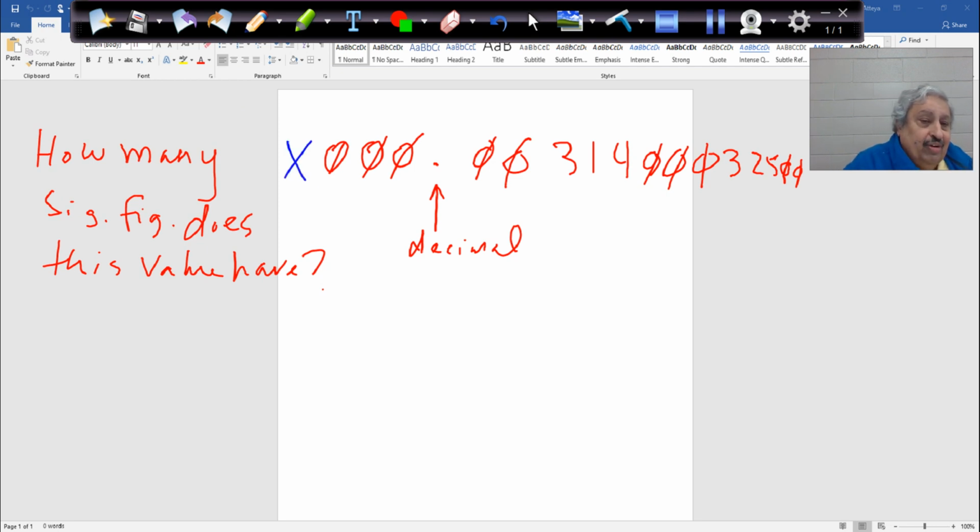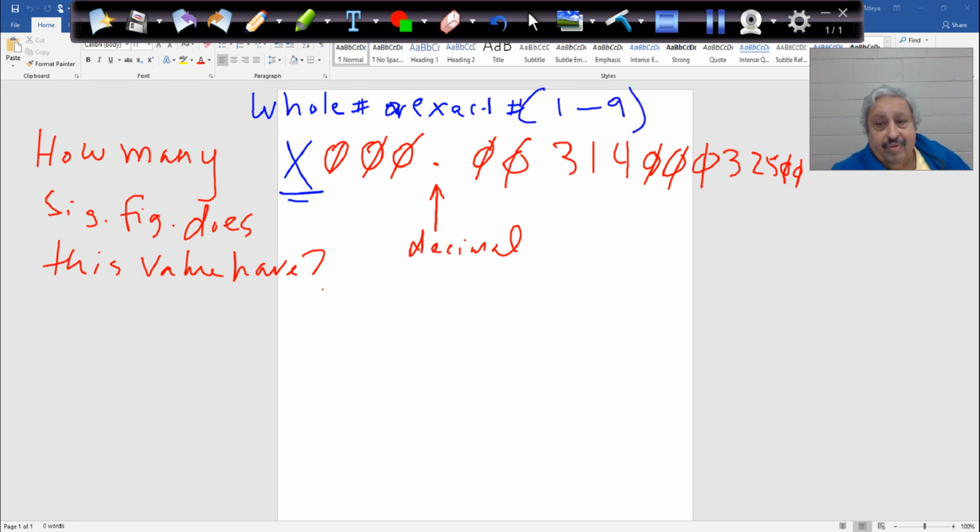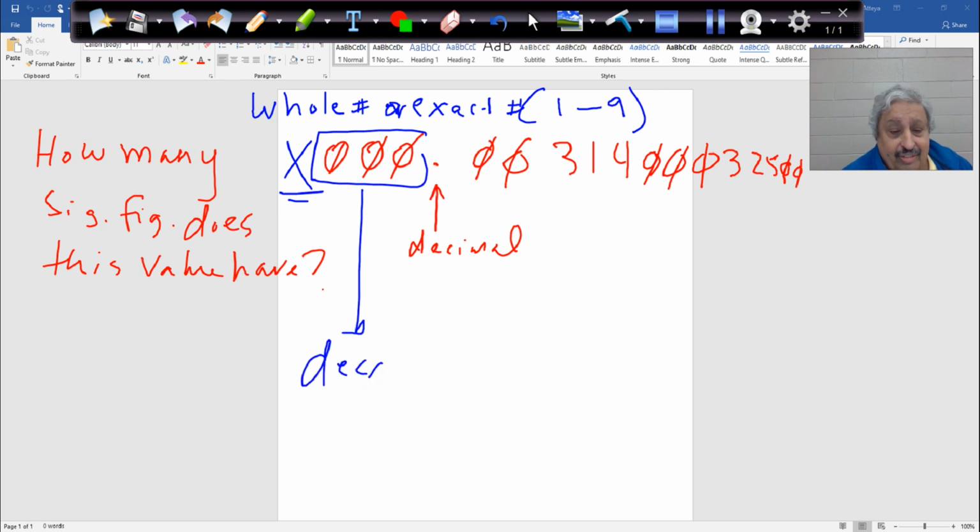Well, it turns out we can look into the whole thing here. We don't have a whole number or exact number in front, which is 1 to 9, correct? Those are the exact numbers. We don't have such a number in front of this. So those zeros here are called decorating zeros, just for decoration.